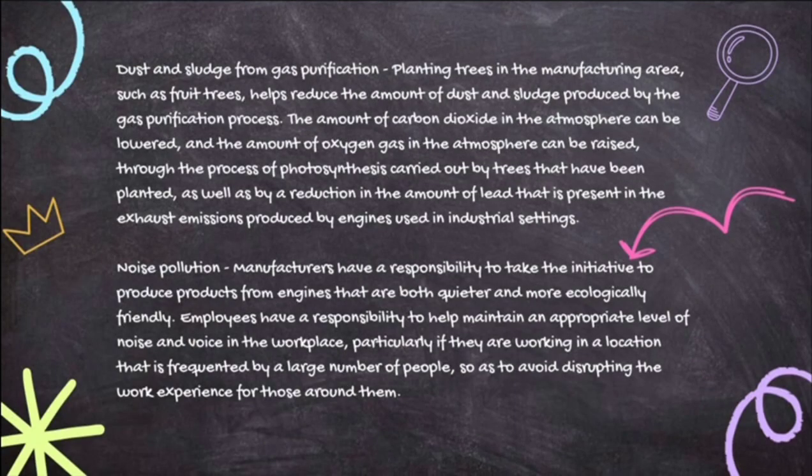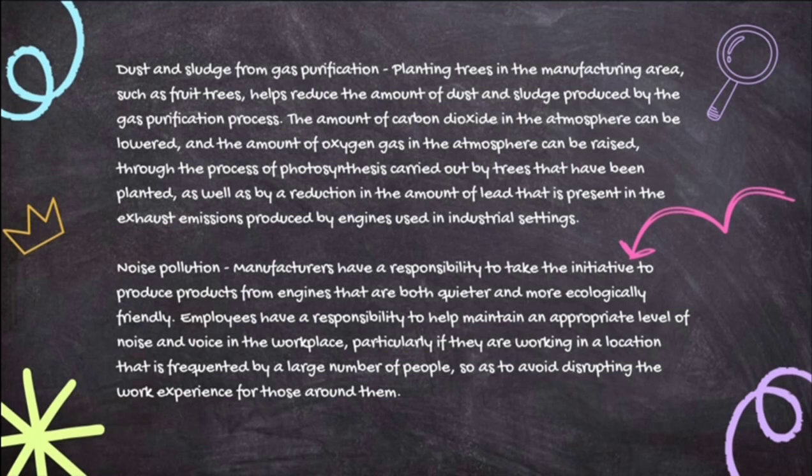Number 4, dust and sludge from gas purification. First, planting trees such as fruit trees in the factory environment. Second, the content of carbon dioxide in the air can be reduced and oxygen increased. And number 5, noise pollution. First, manufacturers need to take the initiative to produce oxygen gas through the process of photosynthesis of planted trees.